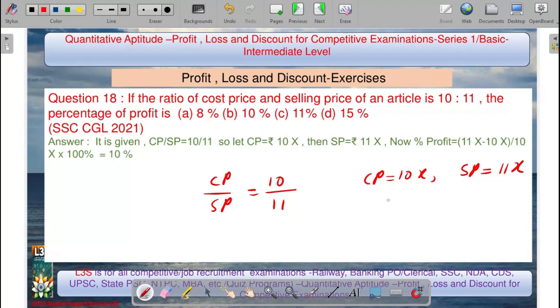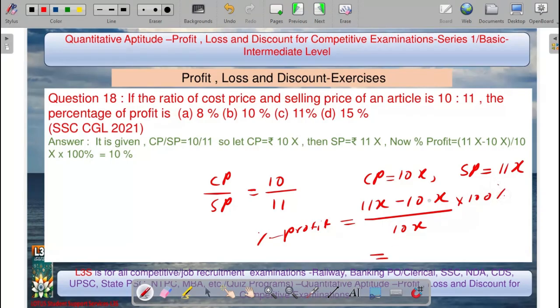Percentage profit will be selling price minus cost price by cost price into 100%. So here 11x minus 10x is equal to x by 10x. We can cancel the x, into 100%. So 10 or 10 we cancel, we'll get 10%. So it will be the correct answer here.